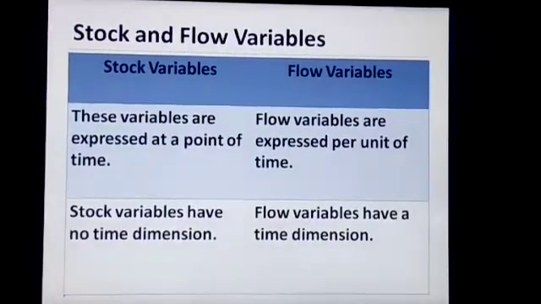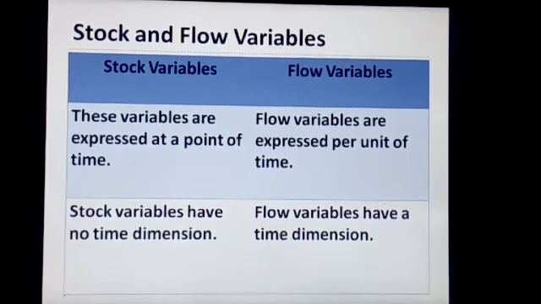The last concept of the chapter, stock variables and flow variables. In this we are going to do the meaning of them as well as the difference between stock and flow variables. Stock variables are generally expressed at a point of time. Suppose I say on 1st January 2018, I have such amount in my bank account, I have one building, I have one factory and jewelry of this much amount.